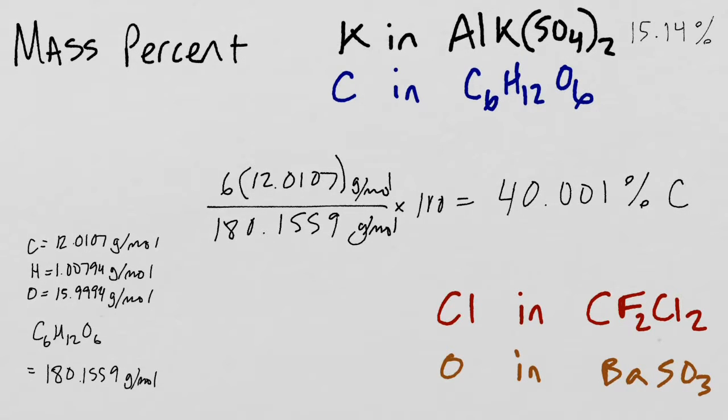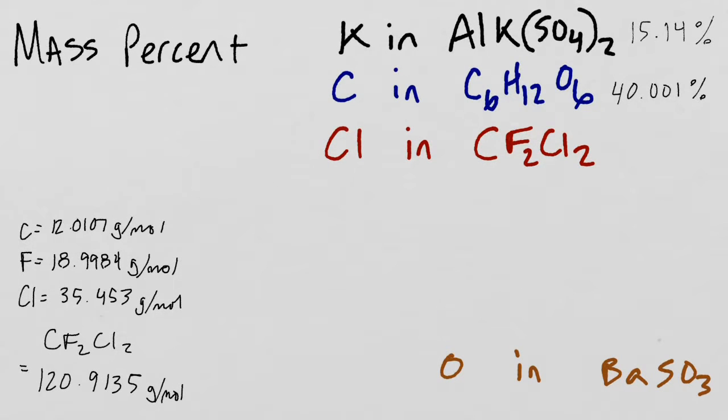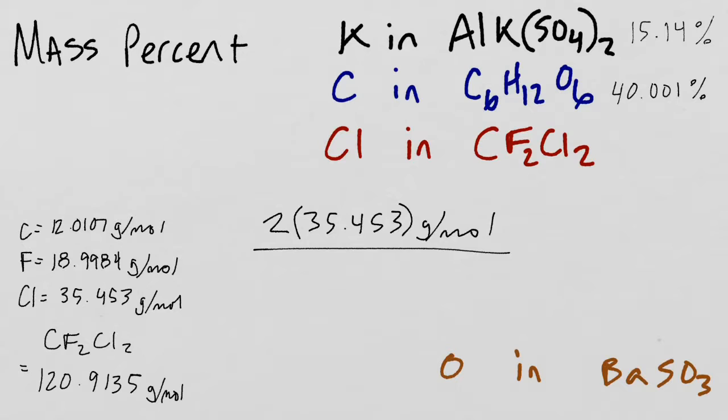Alright, let's do the next one. Using the periodic table, we can get the molar mass for CF2Cl2. Again, here we want the chlorine in this molecule. There are 2 chlorine atoms, so we would say 2 times 35.453 grams per mole over 120.9135, times 100.